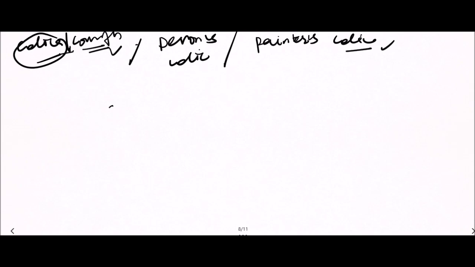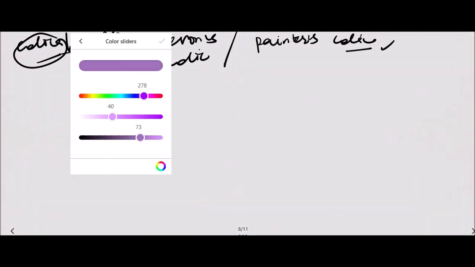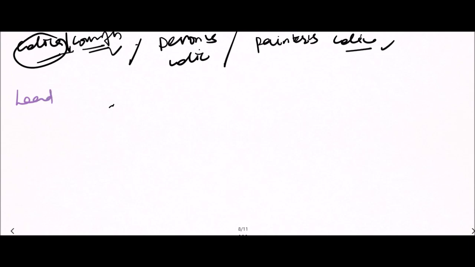Now the lead palsy. Lead palsy is usually seen in less than 10% of cases.